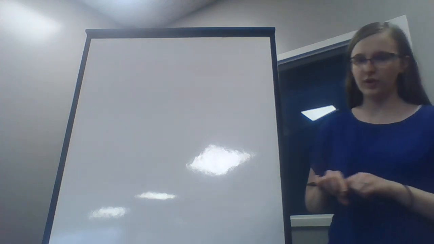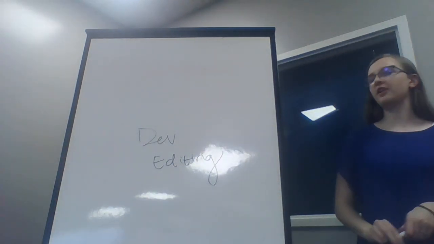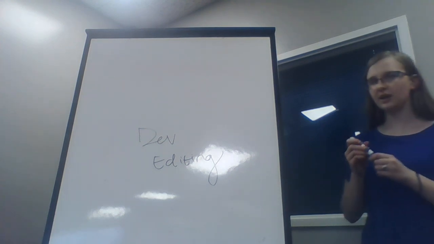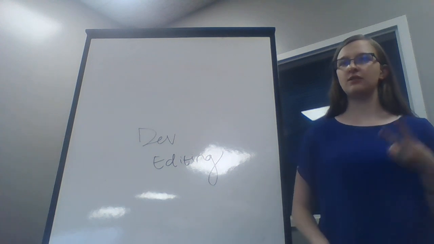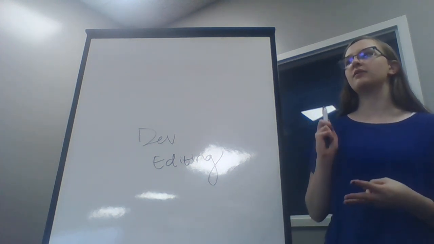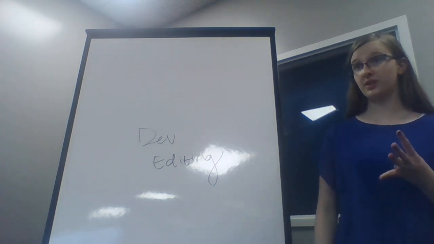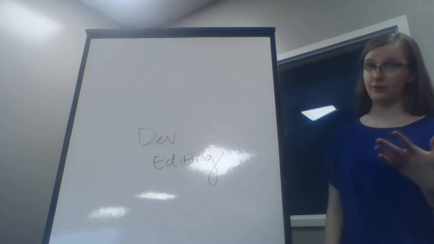All right, moving right along to developmental editing. I'm just going to say dev editing, so that way it's easier for me to write. With developmental editing, this is when it comes to magic problems, if you're doing fantasy, science fiction problems, and logic-based problems, character inconsistencies, and plot holes.